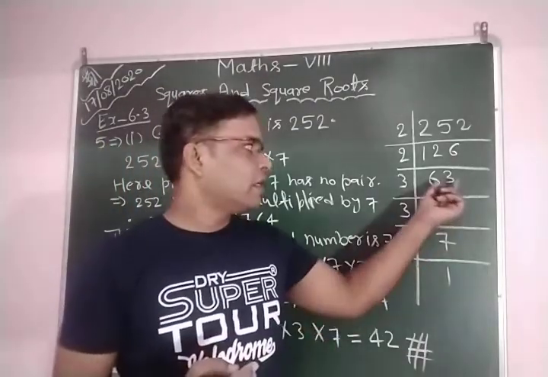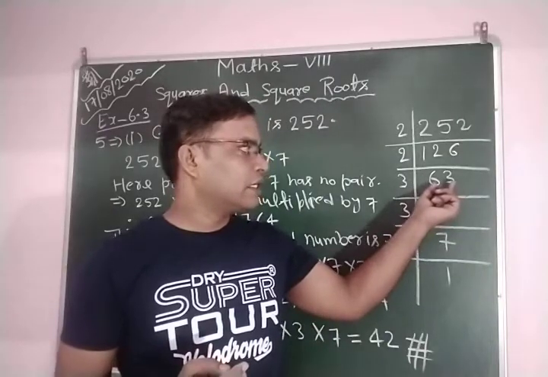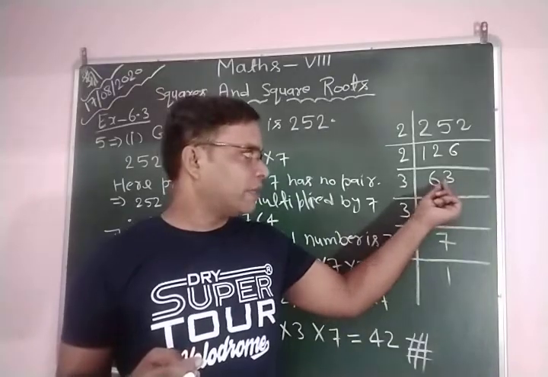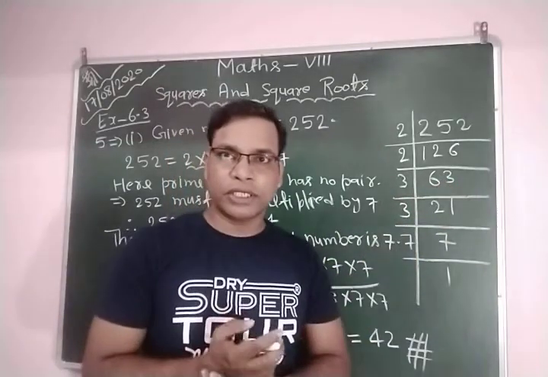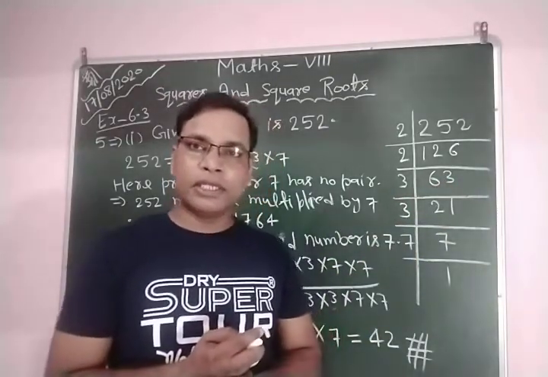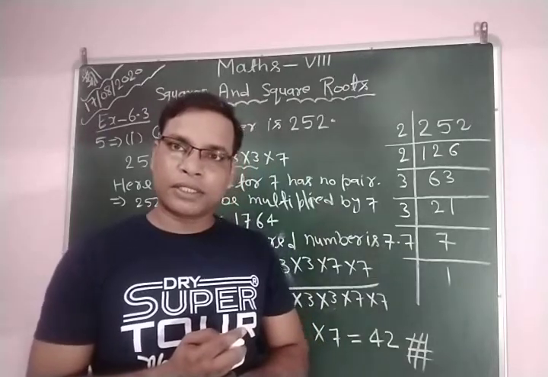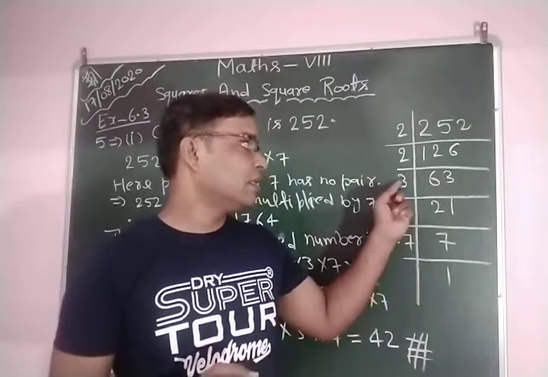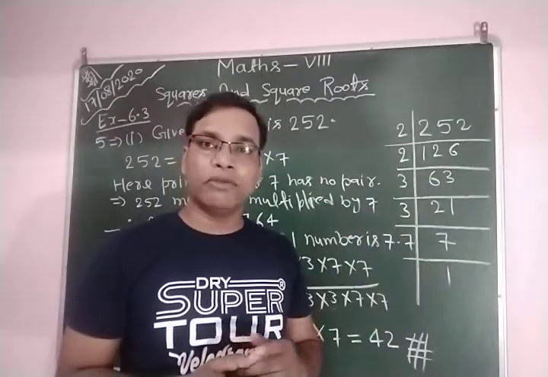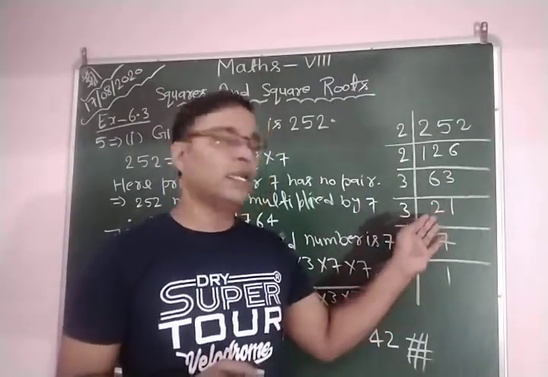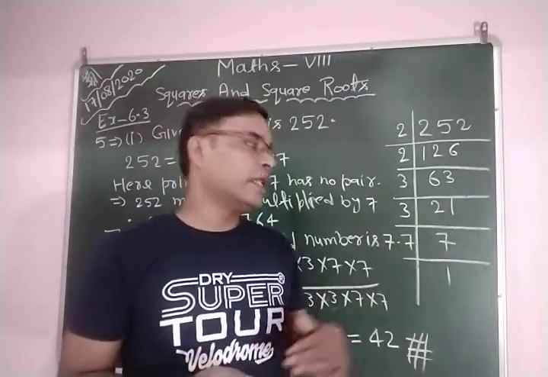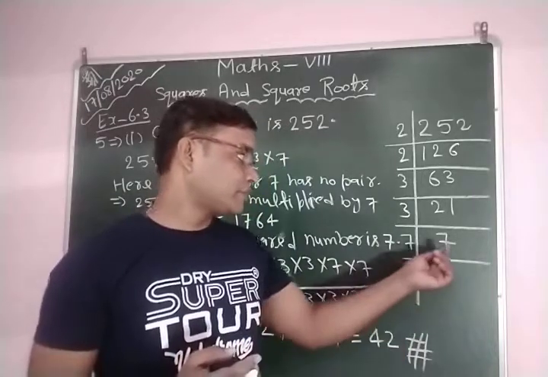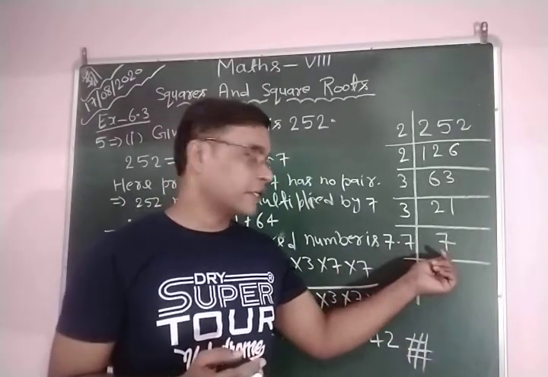The next prime number after 2 is 3. First we find the sum of digits: 6 plus 3 is 9, and 9 is divisible by 3, so 63 is also divisible by 3. If we divide 63 by 3, we obtain the quotient 21. 21 is again divisible by 3, and dividing 21 by 3 we obtain 7.